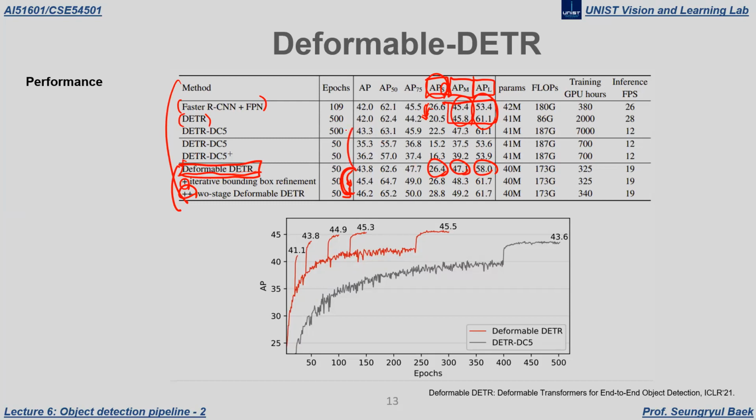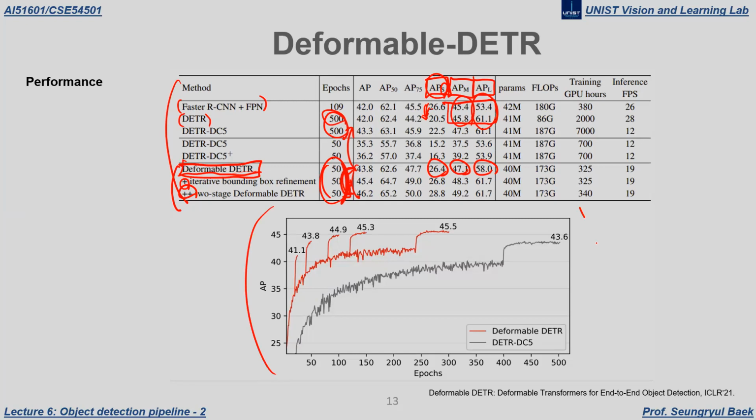And it surpasses DTR as well, even though their training epochs are 10 times less than the DTR. So by simplifying the attention mechanism, DTR is further optimized, okay, in deformable DTR, okay.